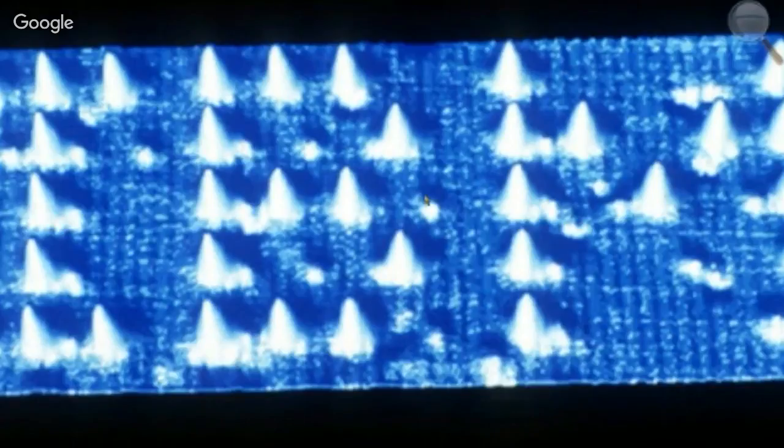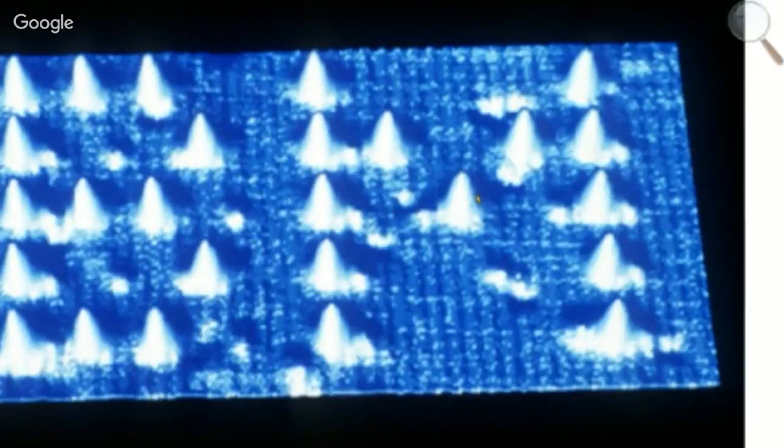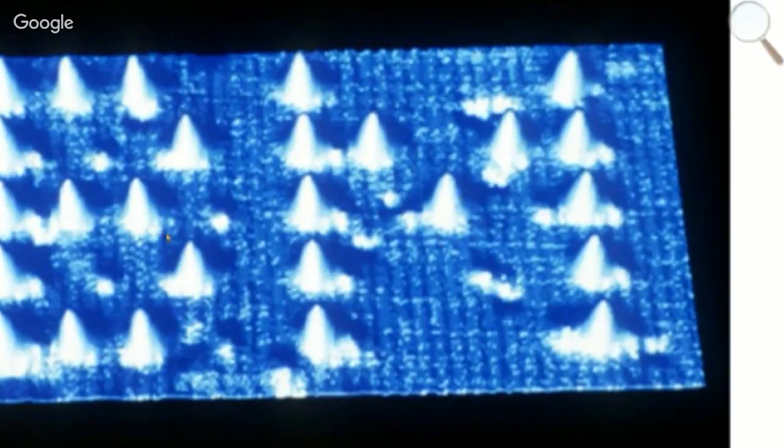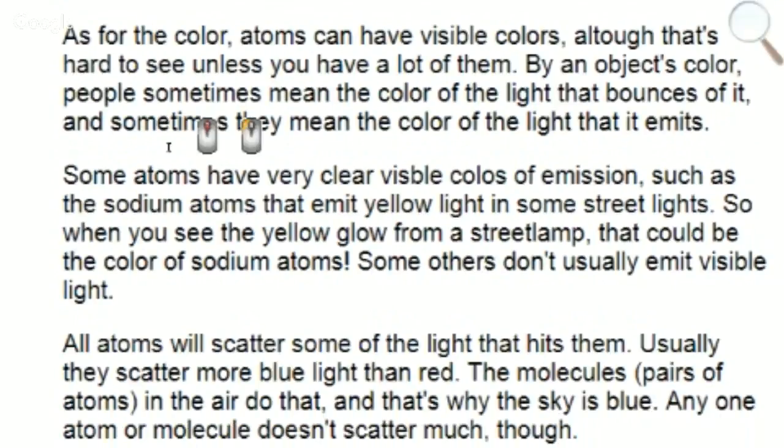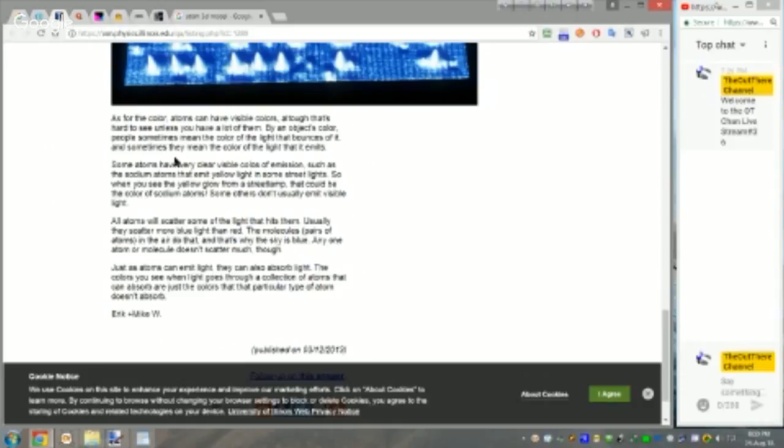Fuzzy blobs, even with an electron microscope. So that must be the paper underneath here.